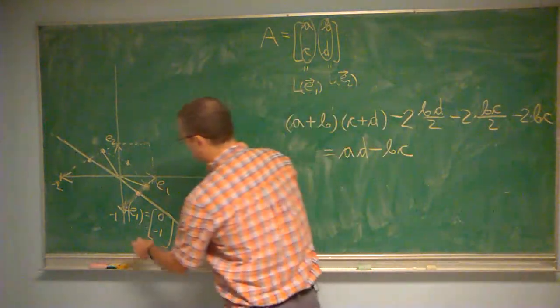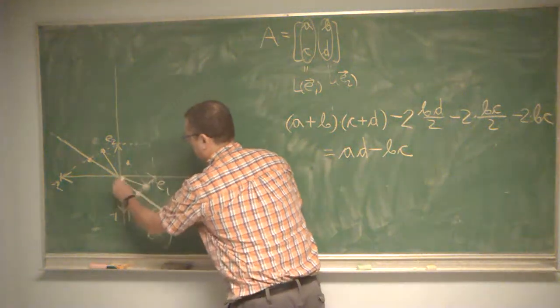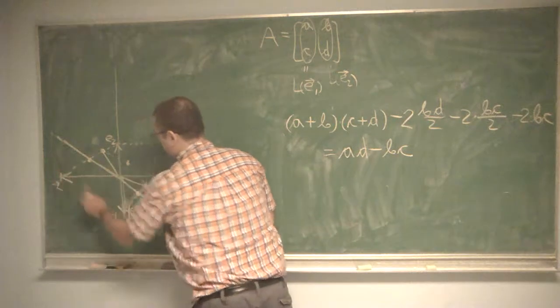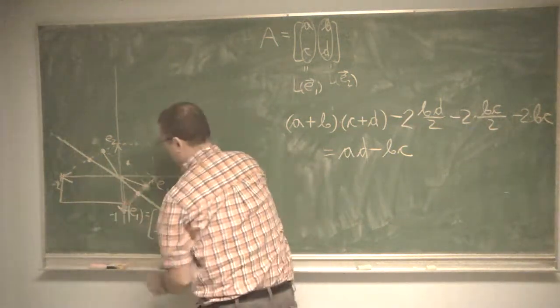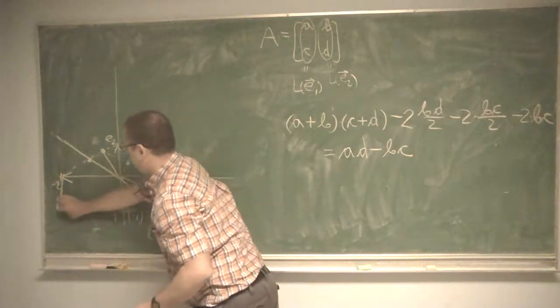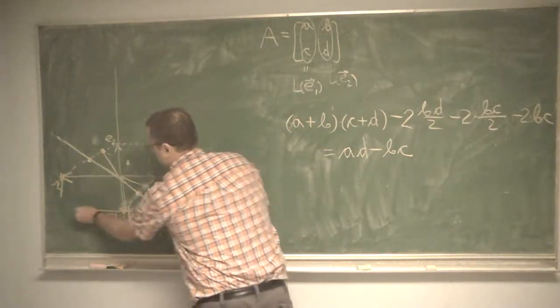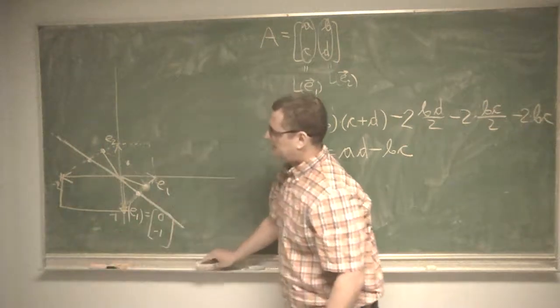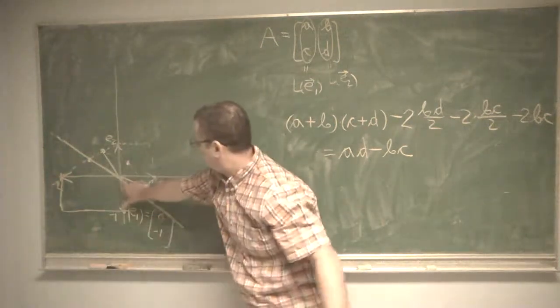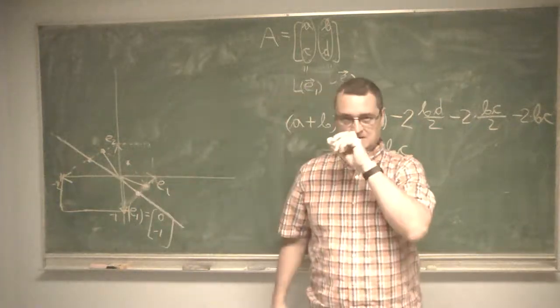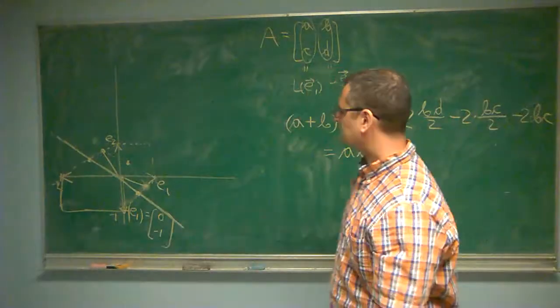And eventually you do get that E1 lands here, E2 lands here, and so what is the image of unit square? Eventually, it's going to be this rectangle, and because this is -2 and this height is 1, the rectangle is of size 2.